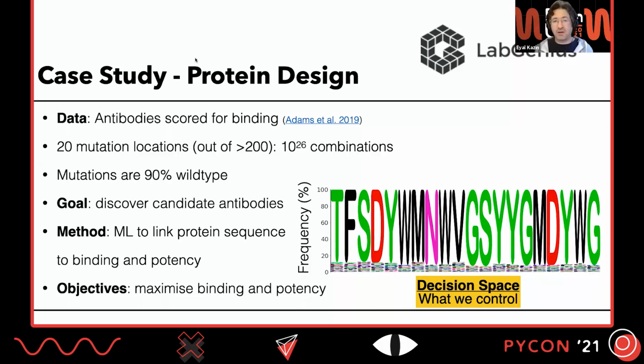I had to tell them what we should order, where the end objective was to answer for a few characteristics of antibodies. Here I listed them as binding, how one antibody binds with another protein, and potency, which means how effective it is. I showed you before a shopping list of attributes, but those are the ones I'm focusing on in this study.